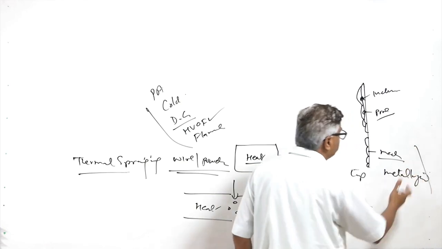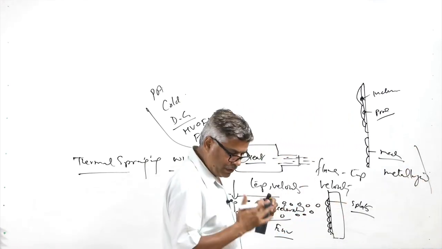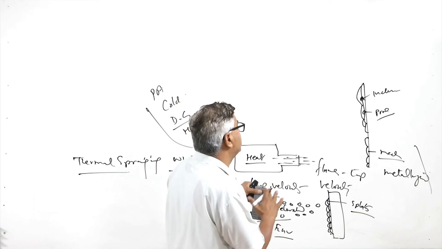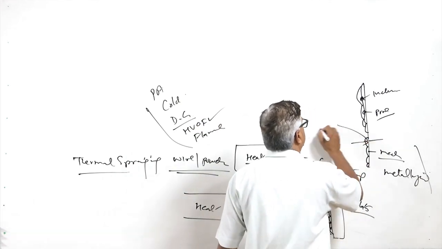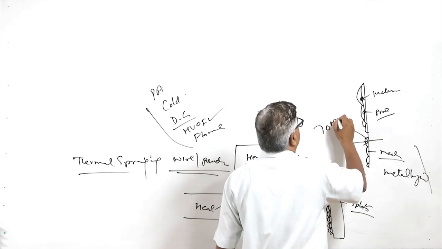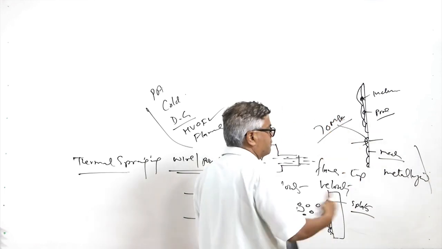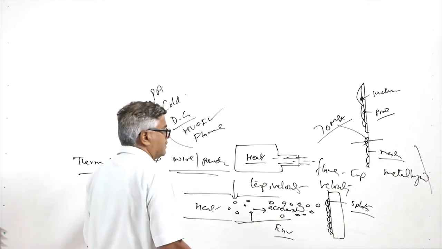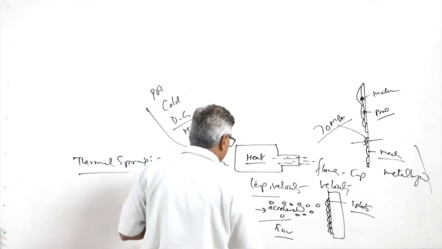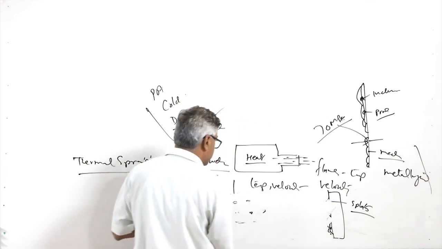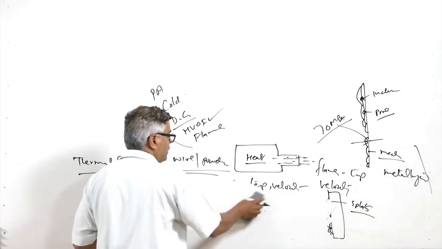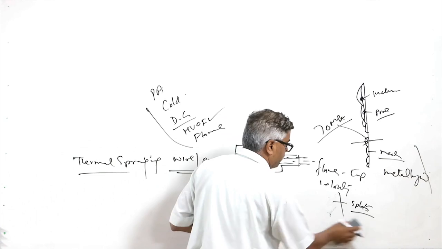These are the two main mechanisms determining the bond between the coating and the substrate. Normally it is accepted that if the bond strength is 70 MPa, the coating survives well under normal conditions. So, efforts are always made to have a bond strength of at least 70 MPa, which is normally realized through the high velocity processes.